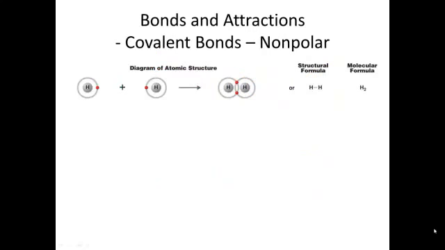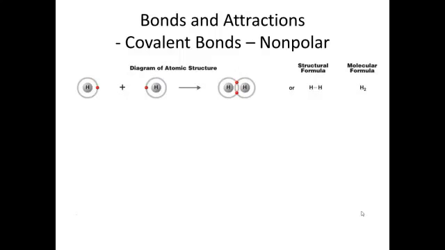Let's talk about atoms that are kind of medium-sized. They're not big enough to steal from other atoms, and they're not small enough to be giving up electrons to other atoms. Let's take hydrogen for an example. It actually is quite small, so it fits in the can-be-stolen-from category, but it has an atomic number of 1, it has 1 proton, and it has 1 electron.